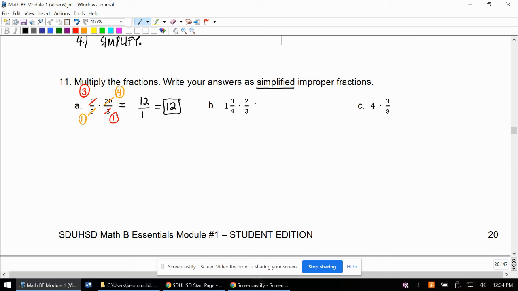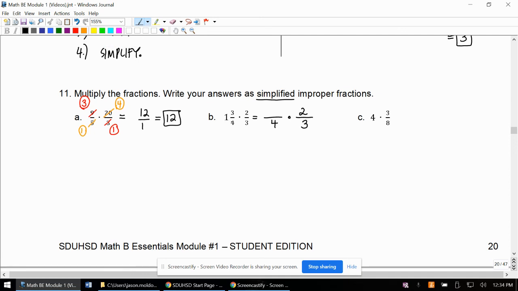B. First step, we'll set it up and get it ready to change it to improper. The second fraction looks good. And now we'll go back to the first one. 1 times 4 is 4 plus 3 is 7. And then we'll look to cross cancel. 3 goes into 3, but it doesn't go into 7.